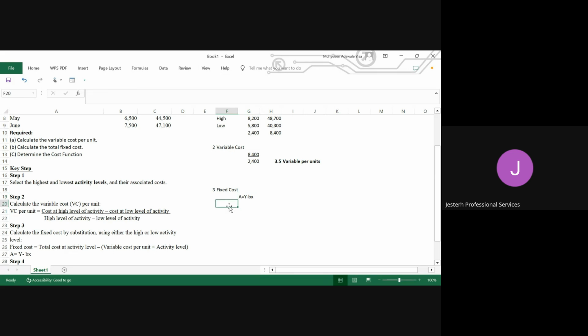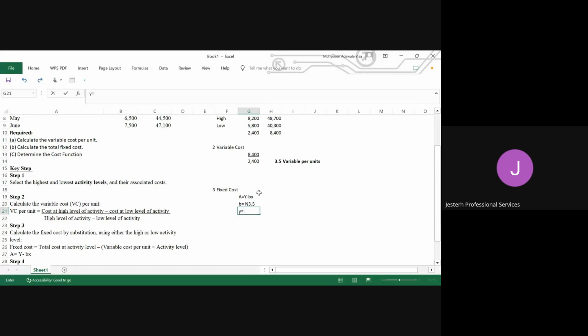We have ascertained our variable cost per unit because that is the major thing we need to know before we can determine the fixed cost. Our variable cost per unit, which is B, is equal to 3 naira 50 kobo.